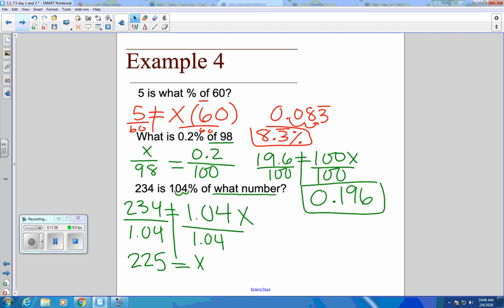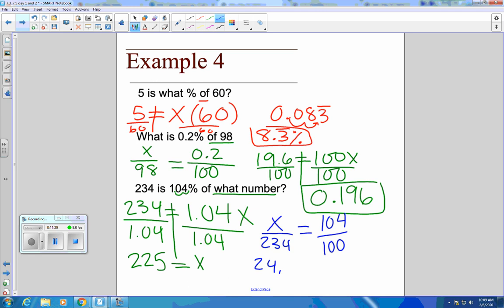We could also solve this using a percent proportion. So we know it's 104 over 100, percent over 100, equals, my part is 234, and I'm solving for my whole number. From there I cross multiply. I take 234 times 104, and I get 24,336 equals 100x.